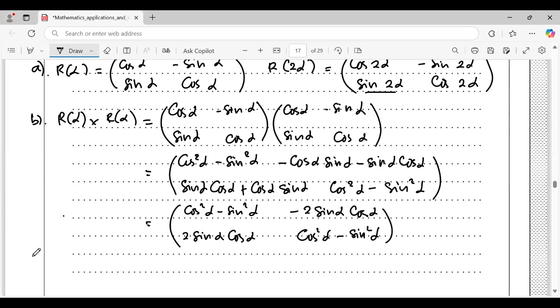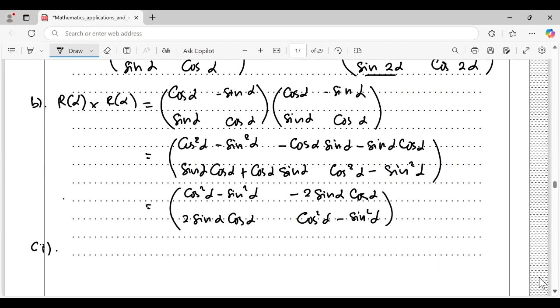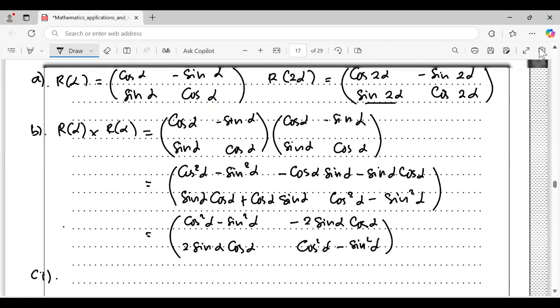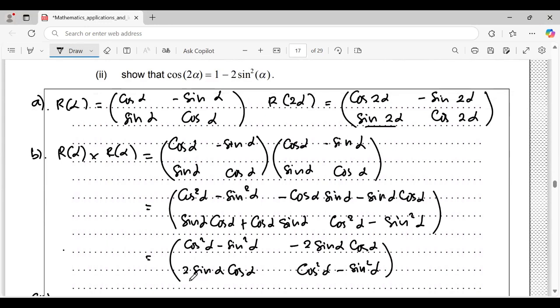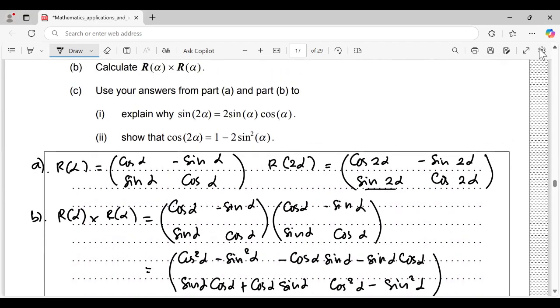Why does sine 2 alpha equal 2 sine alpha cosine alpha? Because they are in the same position.